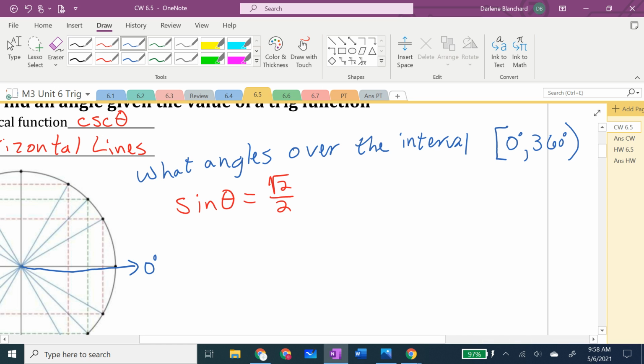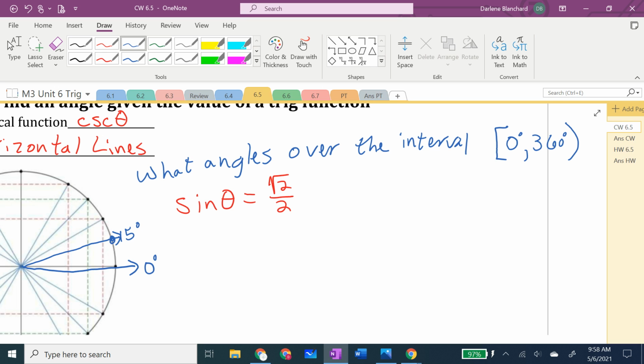And then, just for example, if it's 15 degrees, then there's only one spot. You're not going to say 375 degrees. You're only going to say 15 degrees.